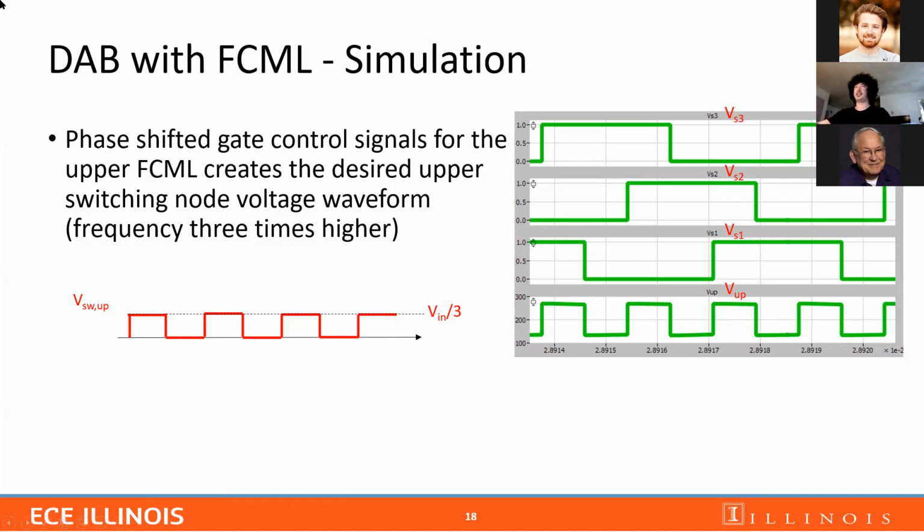We can see that the voltage output has a frequency that is 3 times higher than the individual control signal, and the peak-to-peak voltage magnitude is around 133, which is 1/3 of the Vin. The reason that it's going from 130 to 260 is that I'm using an overlapped control signal.